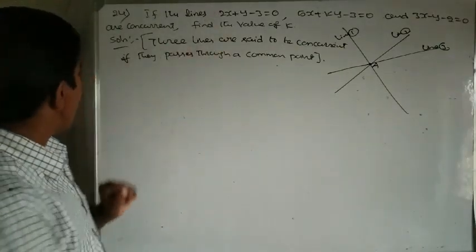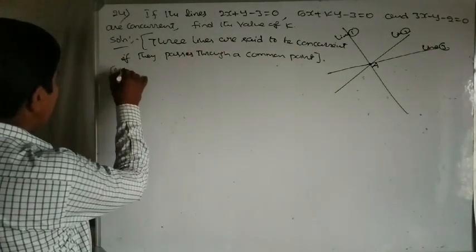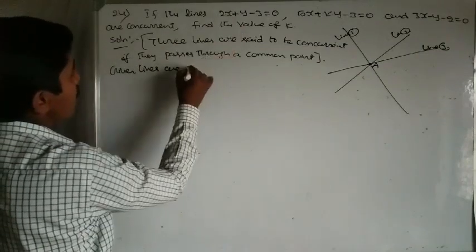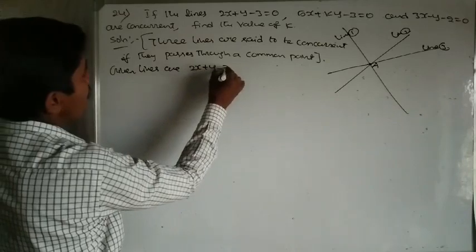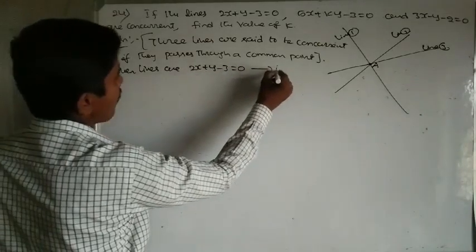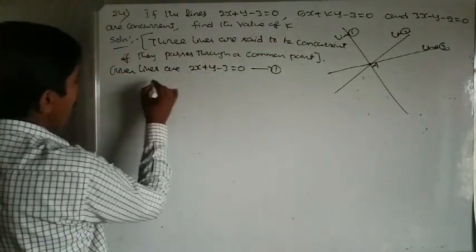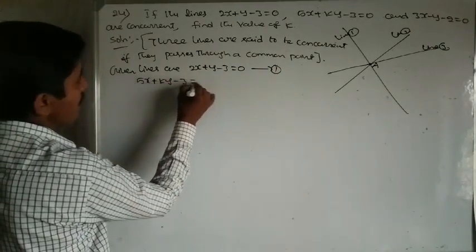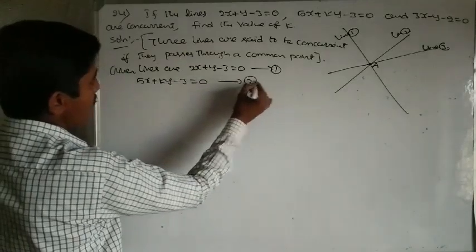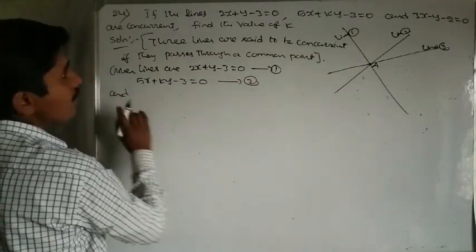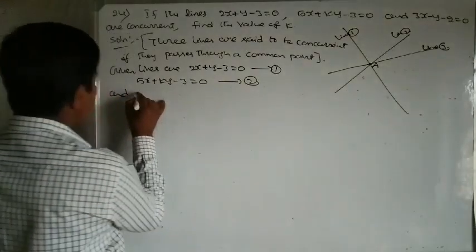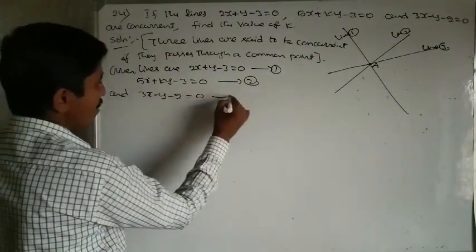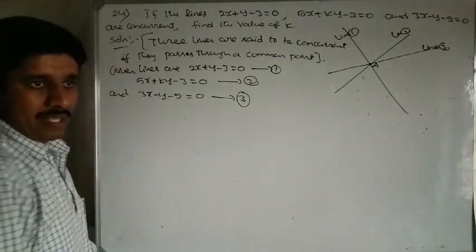Got it here. The given lines are: first line 2x plus y minus 3 is equal to 0, called equation 1. Second one, 5x plus ky minus 3 is equal to 0, called equation 2. And third line 3x minus y minus 2 is equal to 0, called equation 3.